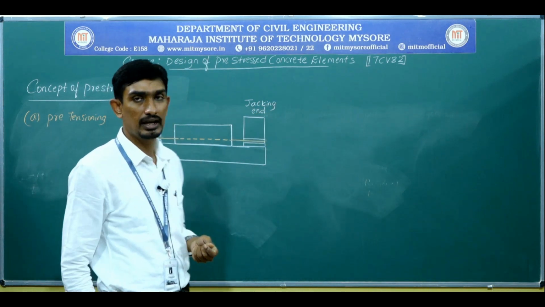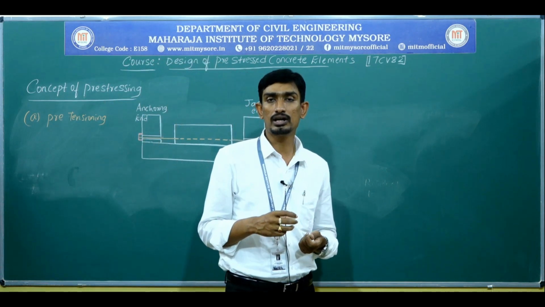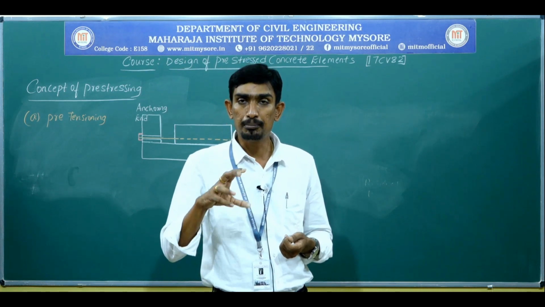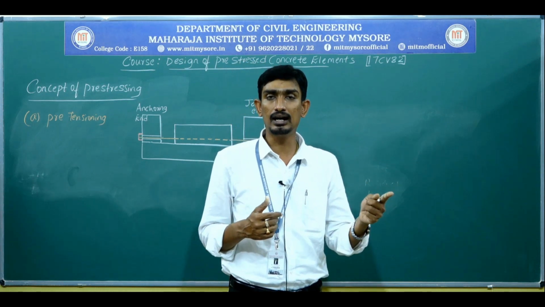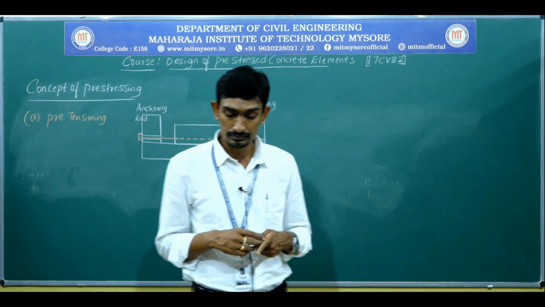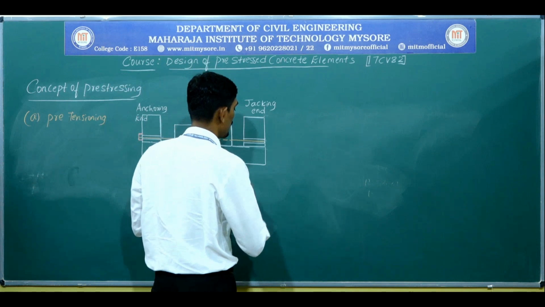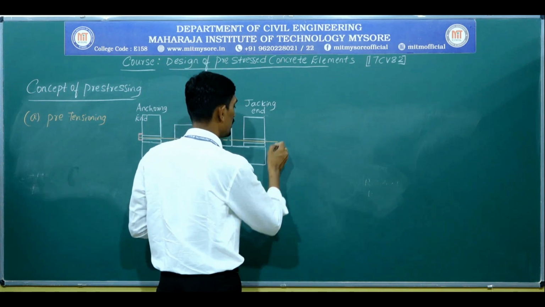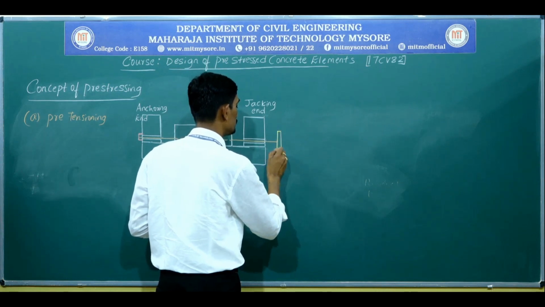Why is it called the jacking end? To introduce the stresses, or pretension, in the tendon, we need to apply that pretension. So that's why one end is anchored and the other end is jacked. So how? Let me go ahead. This will be extended further, and this will be connected to the jacking end.